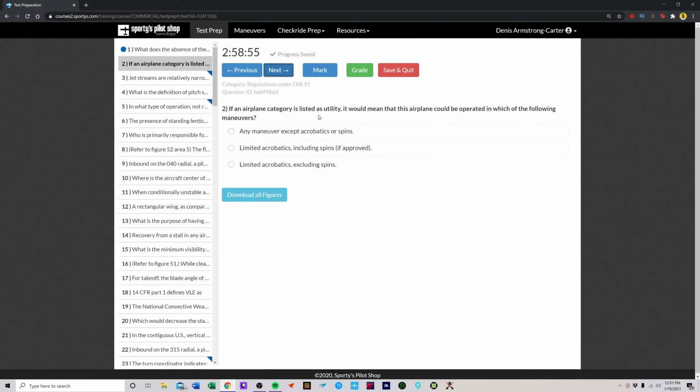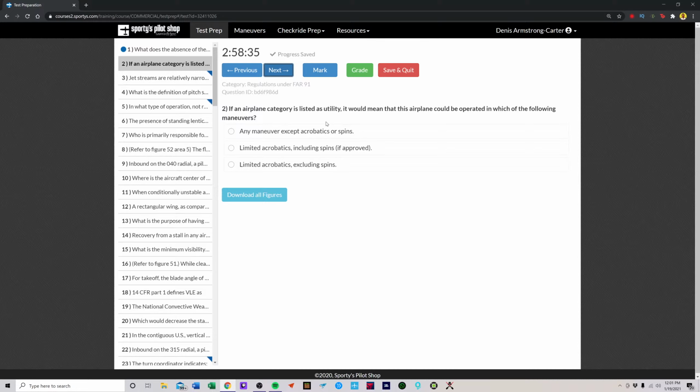If an airplane category is listed as utility, it would mean that this airplane could be operated in which of the following maneuvers? Utility. So, some of these I'm not going to get right, guys, so don't be surprised. Any maneuver except acrobatic or spins. Limited acrobatic. Wait, if an airplane category is listed as utility.